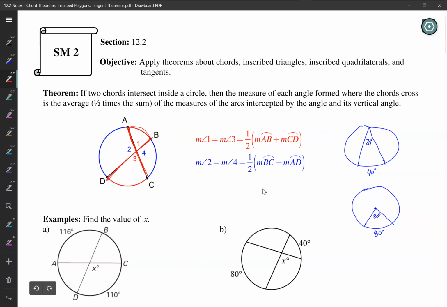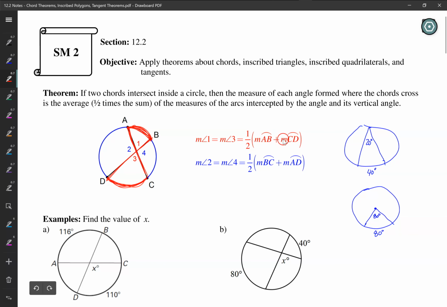If you have an hourglass shape here, if you add together the measure of arc AB and the measure of arc CD, and then you divide that by 2 or multiply it by 1/2, that will give you these two angle measures.